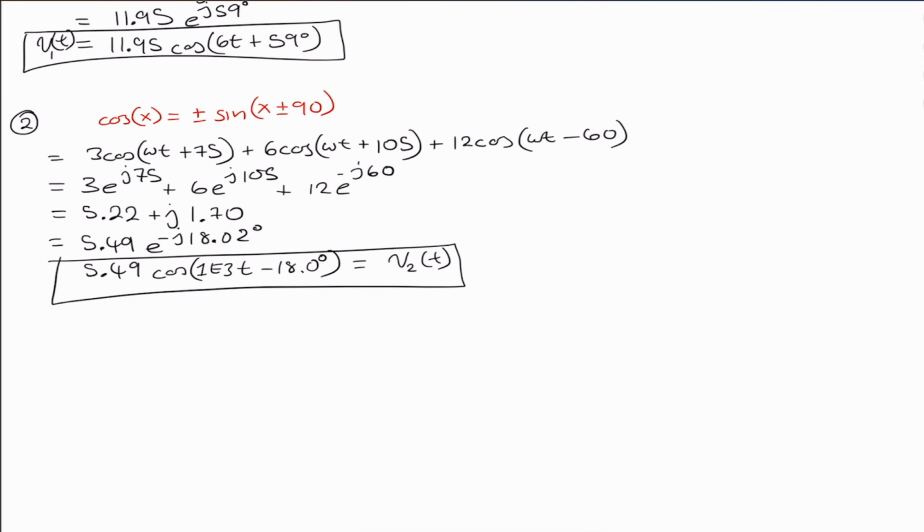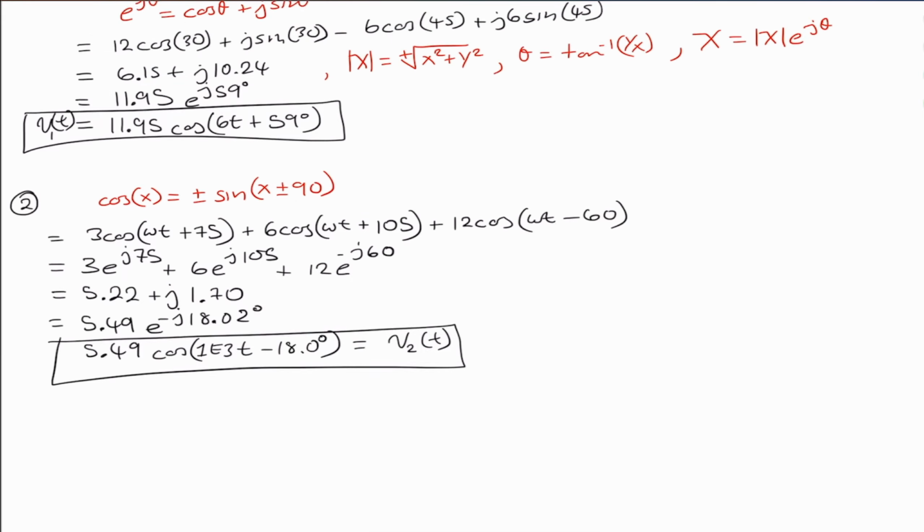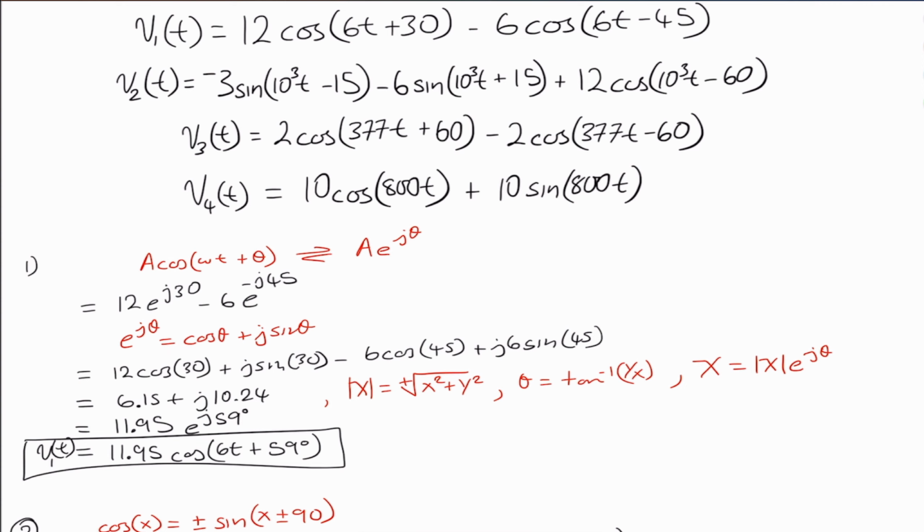And here we express V2 of t into a single term. We then can go on and do V3 of t, which, so the first one we've done, we did not convert our minus cosine to a positive cosine. So let's do it for this one.